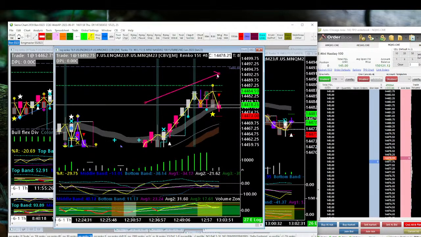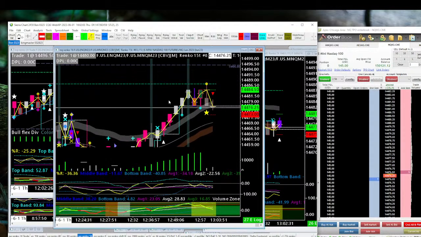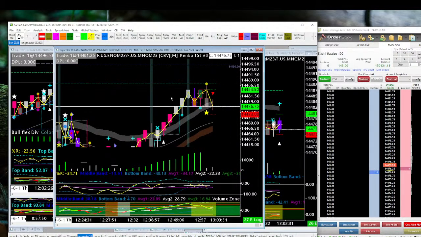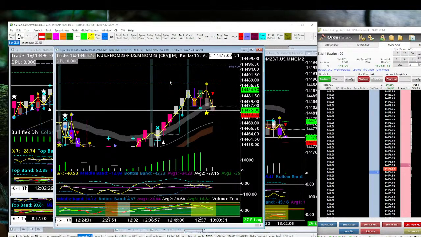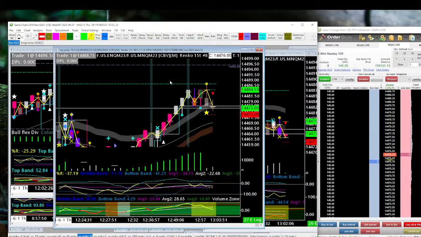So is it probably going higher? Yeah, most likely. But it may need to refuel a bit, is what I see. And I don't want to hold during that refueling, even if it means giving back a little bit of profits. I don't want to mess with that trailing drawdown any more than I need to.